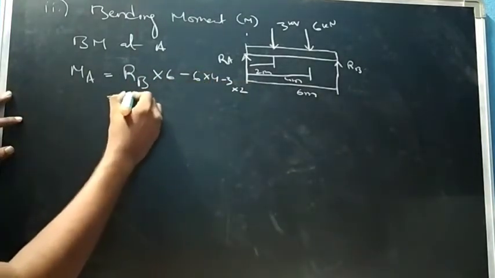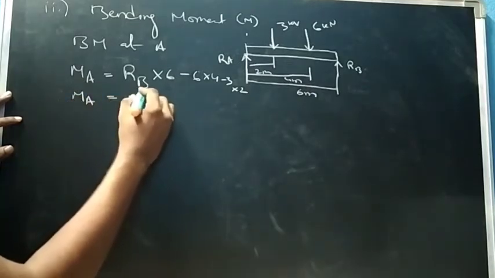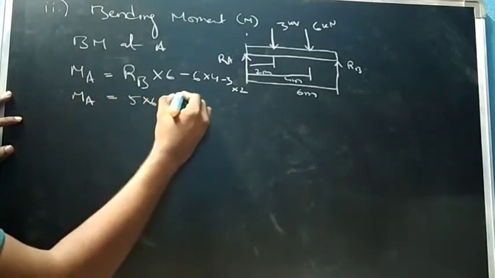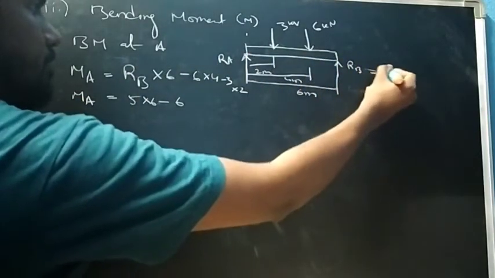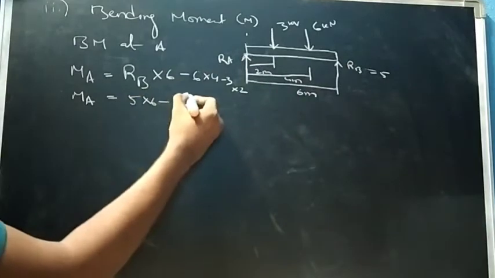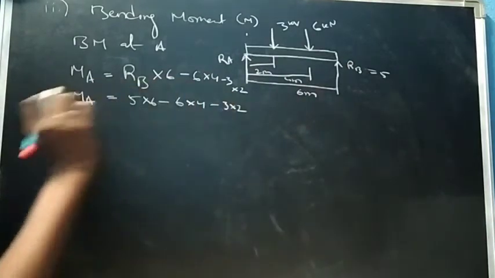So right here, MA equals 5 into 6 minus, because RB value is 5, so 5 multiplied by 6 minus 6 into 4 minus 3 into 2. Clear?